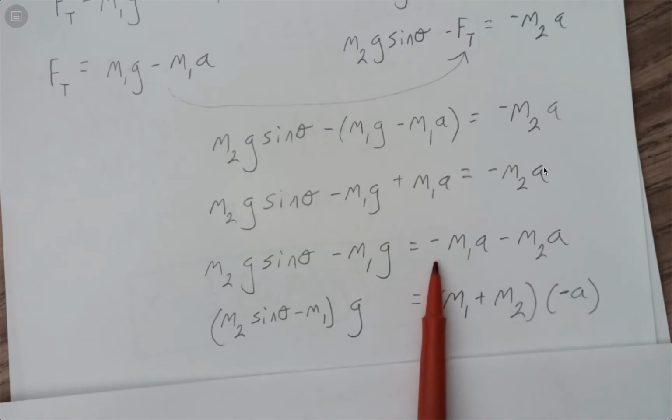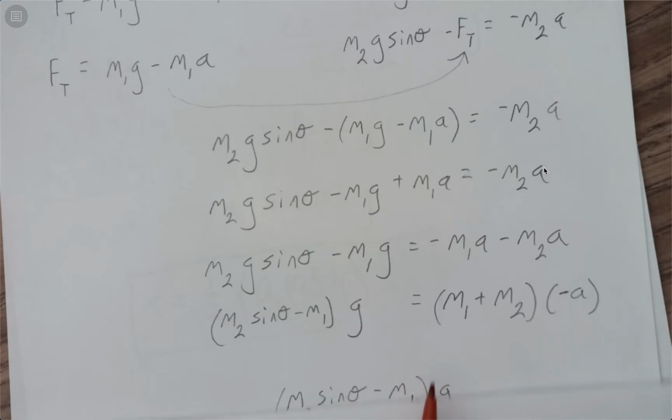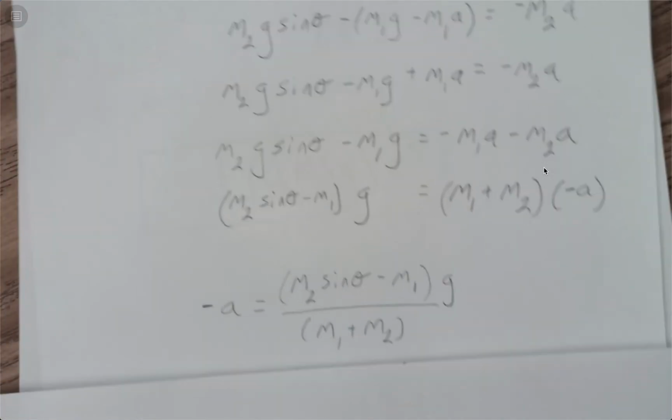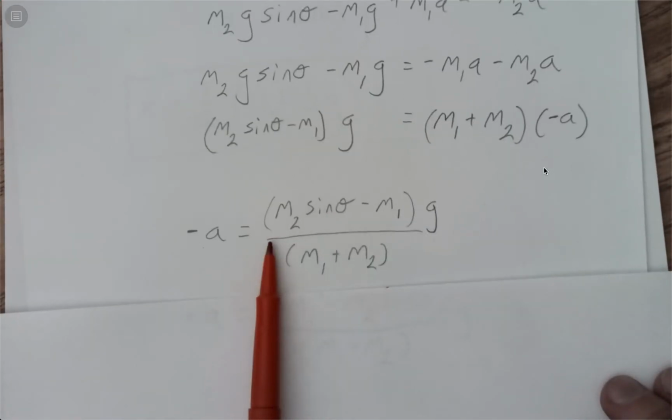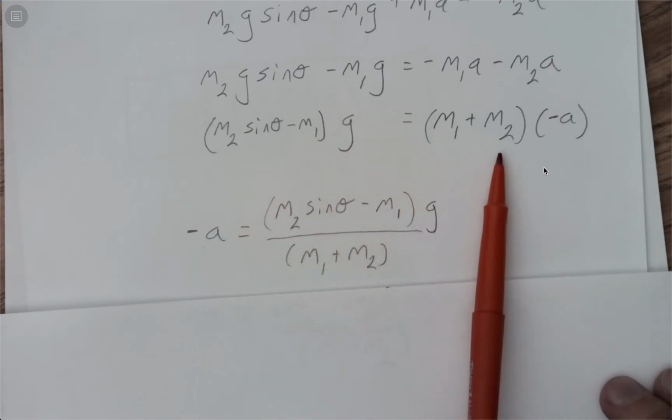I just have this negative term. I put it here with the a, keeping the sum of the masses. So that way I can have my negative a equal to that term divided by my sum of the masses.